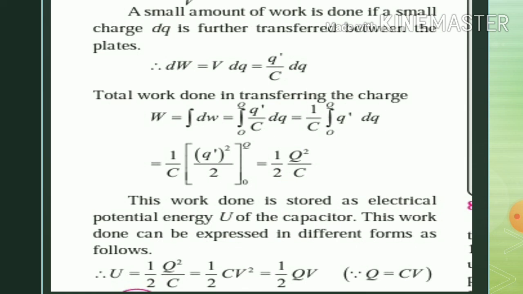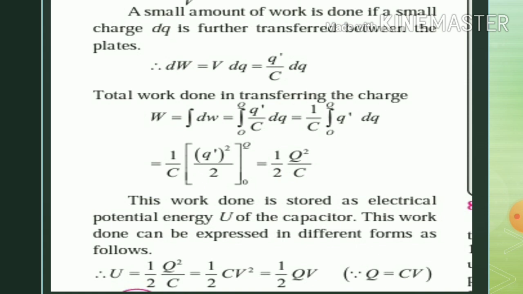Means we can obtain the relation for the electrostatic potential energy of the charged condenser or capacitor in three different forms.